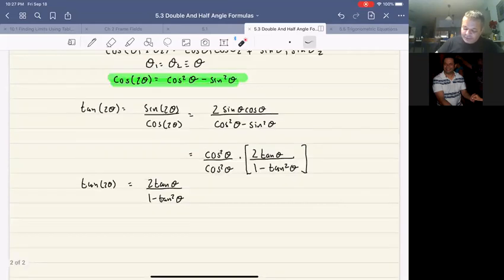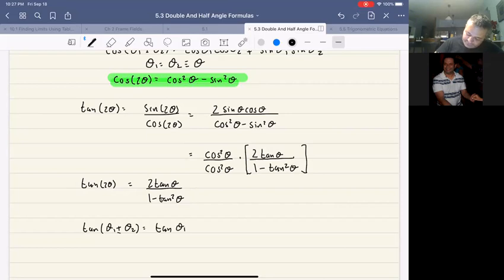Okay, but now from here, I can work my way back to the tangent formula. So that's, now I remember it's tangent theta 1 plus or minus tangent theta 2 divided by 1 minus tangent theta 1 tangent theta 2. Okay?